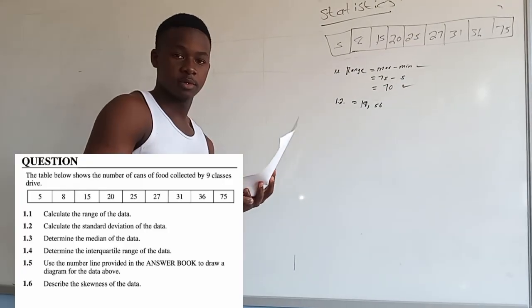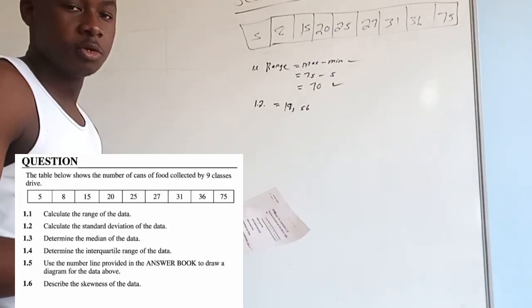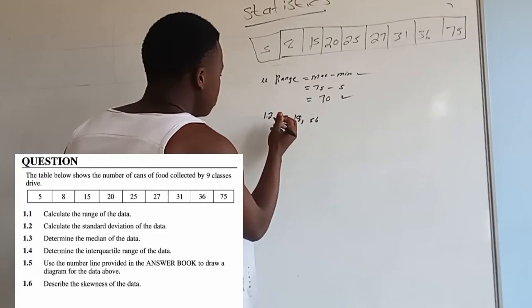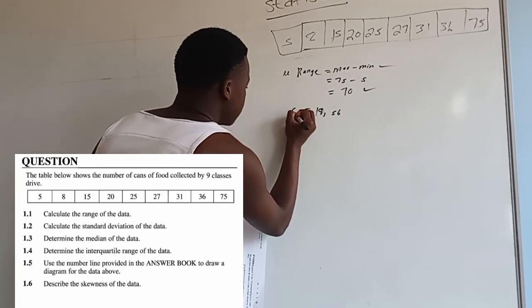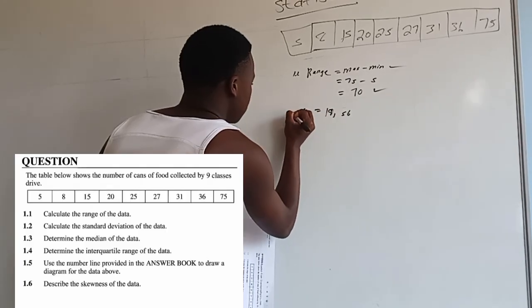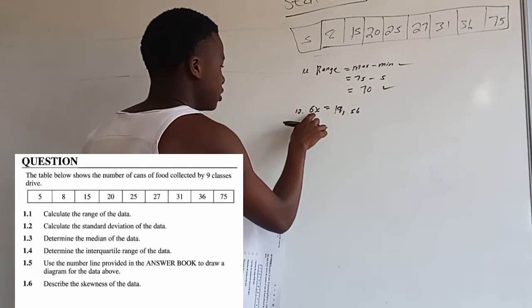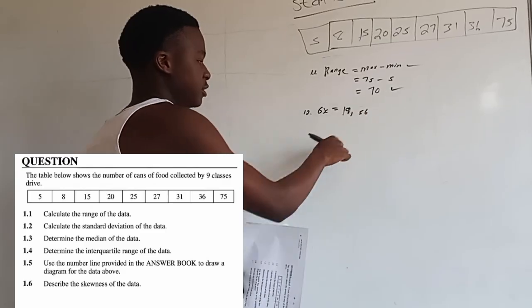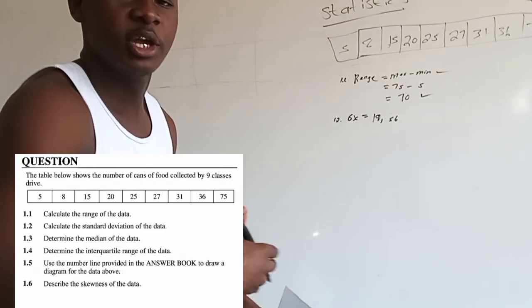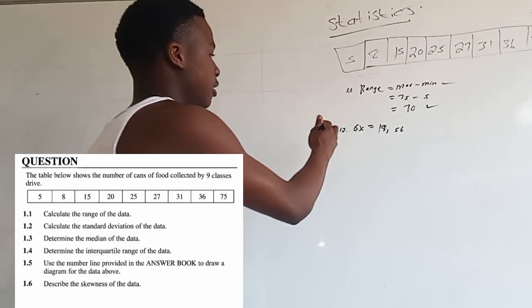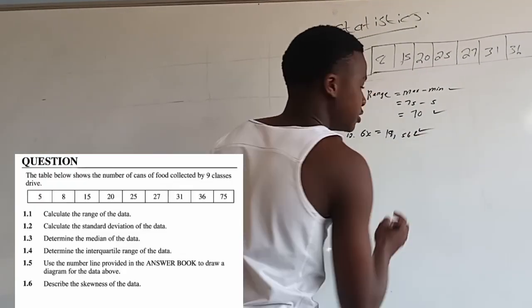Simple. Okay, guys, here you must not forget to put the sign there. So you will say this equals 19.56. Why are you putting this sign? Because this is the sign for standard deviation. And then you get the 2 marks.